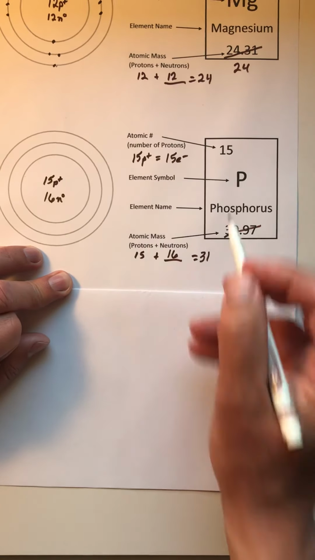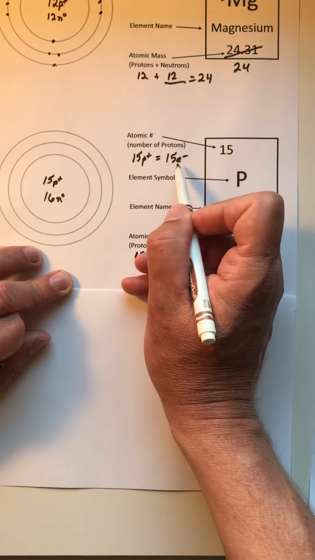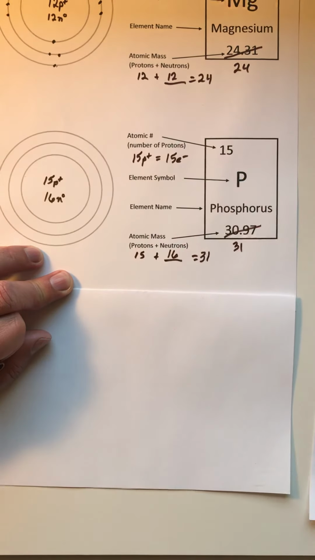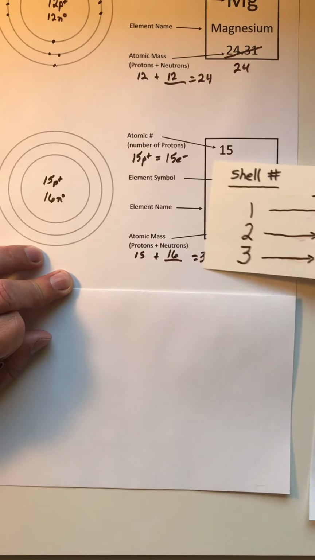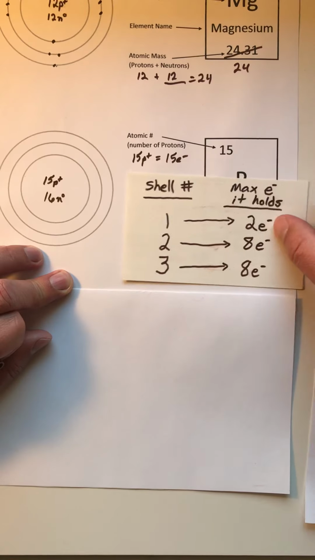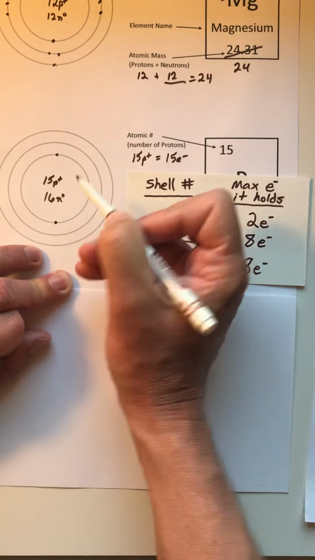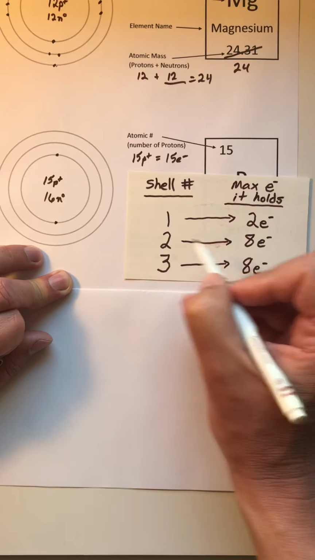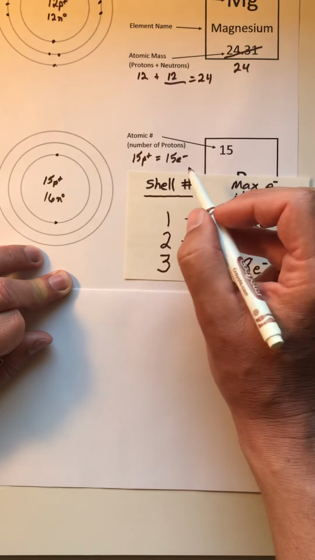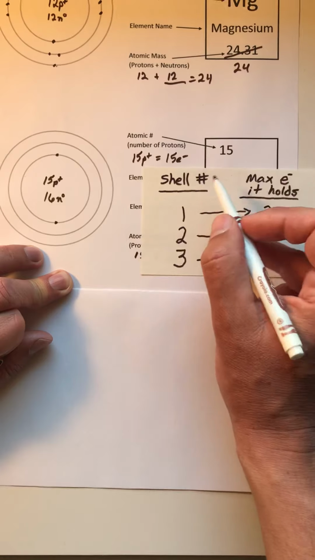All right, so if we have 15 positives, where are the 15 negative electrons? Well, we know that the first shell is going to hold 2. So 1, 2. The second shell holds 8, and we've got a ways to go. 2 plus 8 is 10.